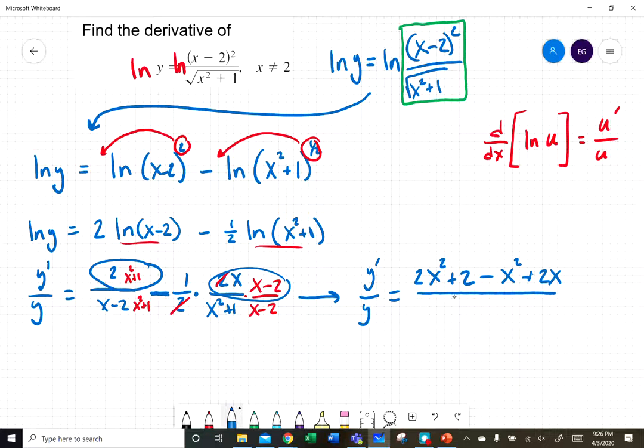And on the bottom, our common denominator is x minus 2 times x squared plus 1.